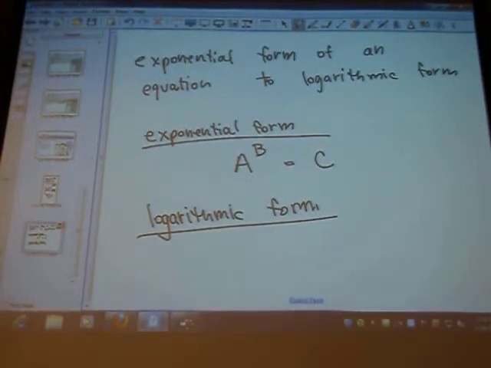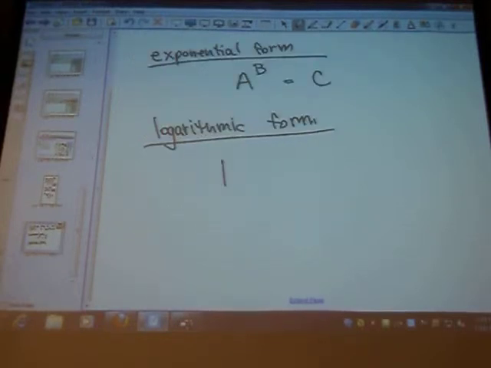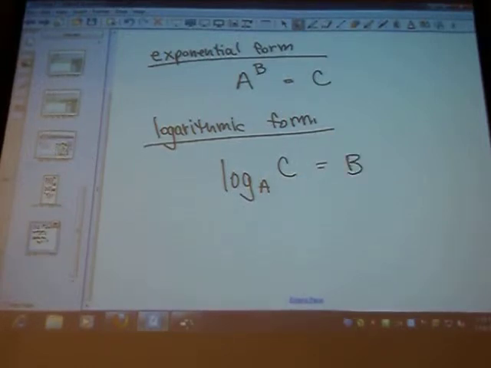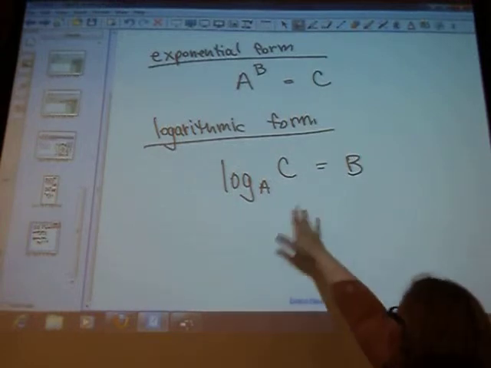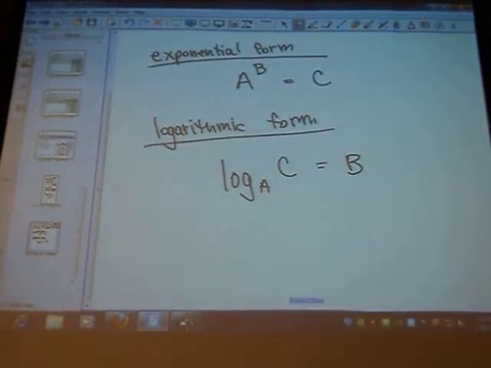So the way I would write this using the log function is log base a of our answer, which is c, is equal to our power, which is b. Those are two different ways of saying the same thing. They both tell me that a raised to the b power is equal to c.